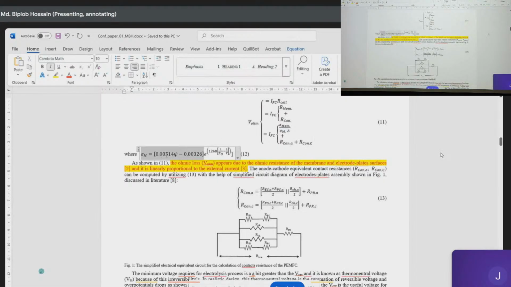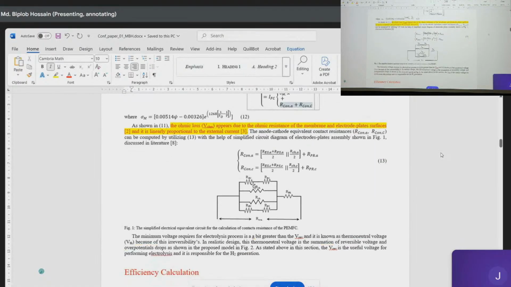It is basically dependent on the membrane type, it is not fixed. So this conductivity is based on what type of membrane we use for the design. And contact resistance is of two types. One is the anodic contact. So here we can see the contact resistance.